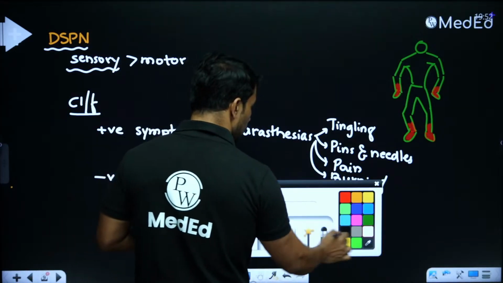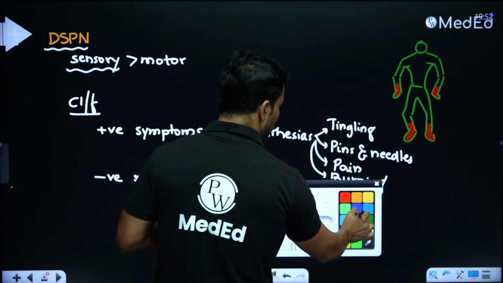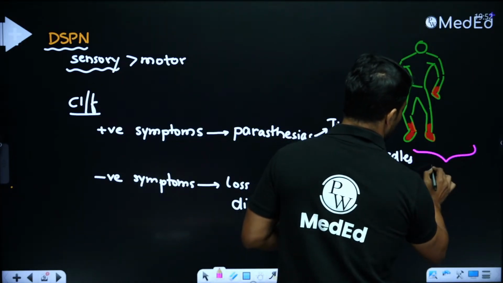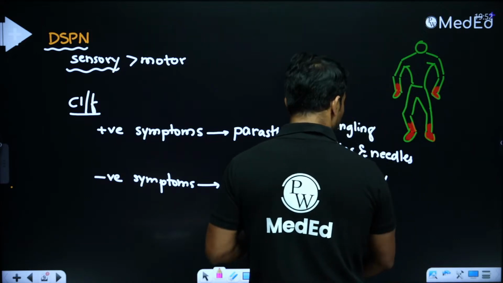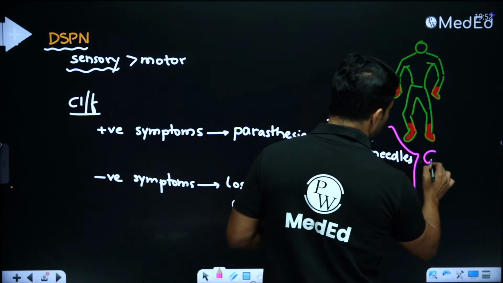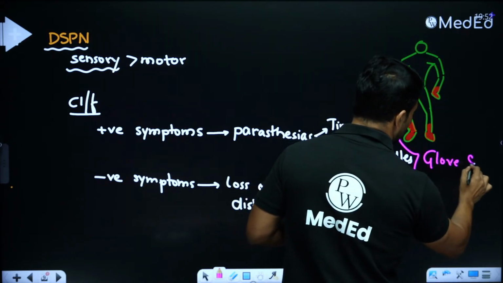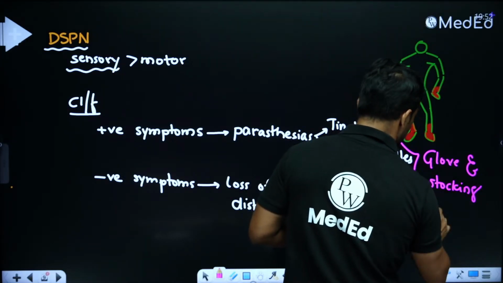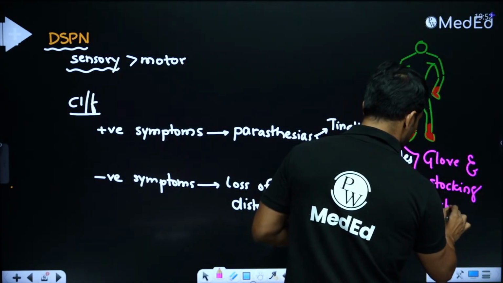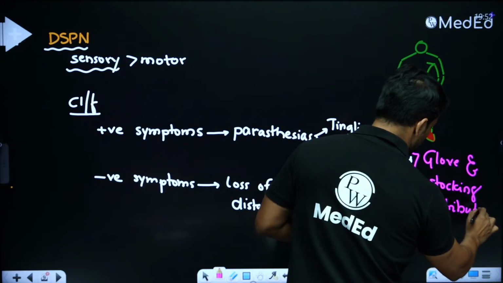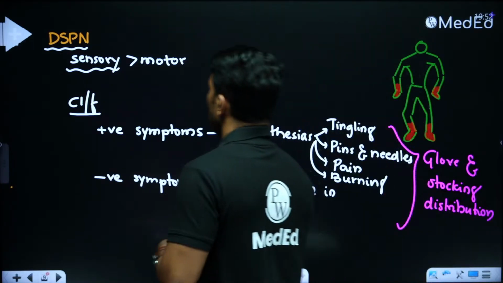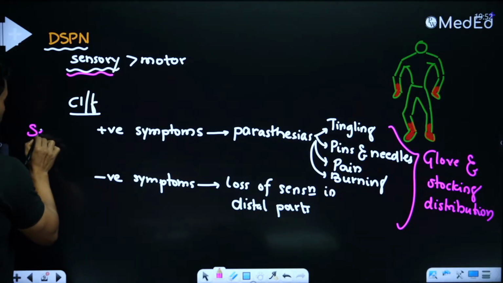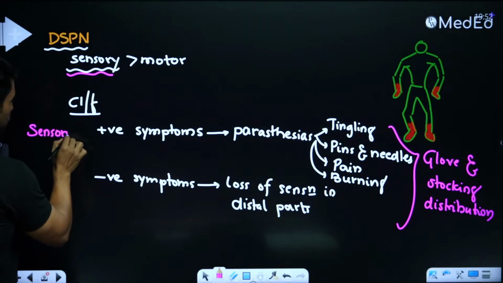So this is what we will call glove and stocking distribution of symptoms. So that is the sensory symptoms, right?